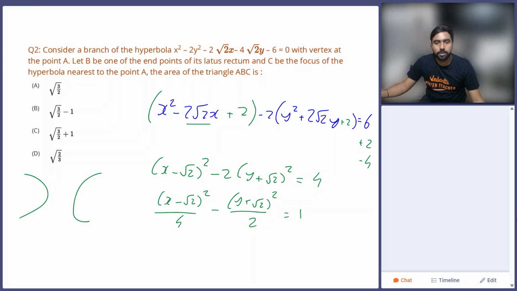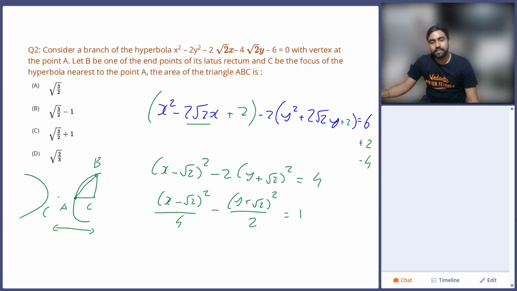Now we have our hyperbola over here. The center is root 2 comma minus root 2, but we don't really care a lot about the center. All that we care about is the vertex, so this vertex is point A, the nearest focus is C, and above the focus we have our latus rectum. Now what I need is to find this area over here.